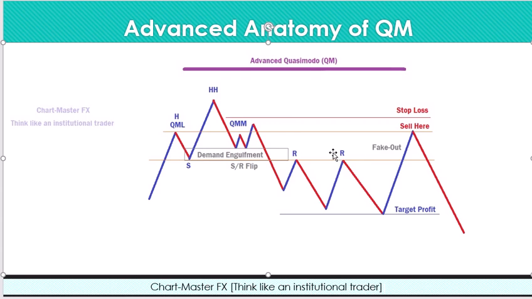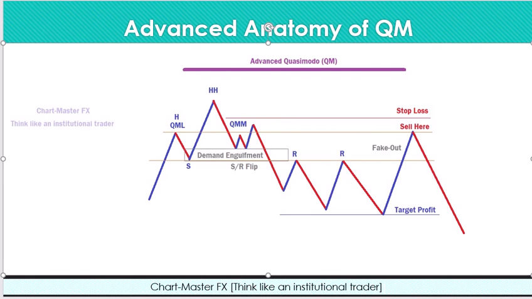So this is the advanced Quasimodo, guys. You are going to see it as we go and do some chart examples. So guys, these are the three anatomies of the Quasimodo.